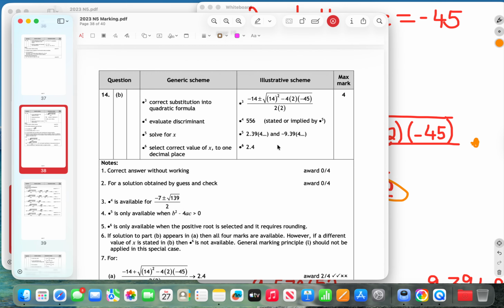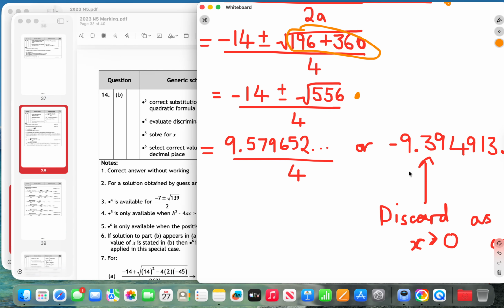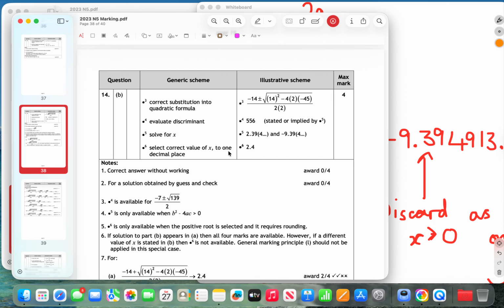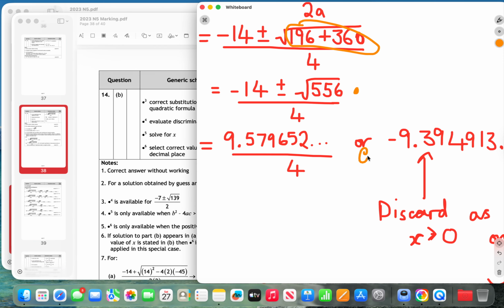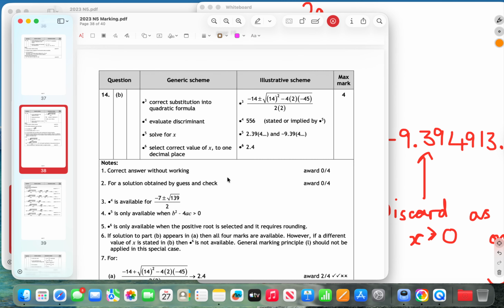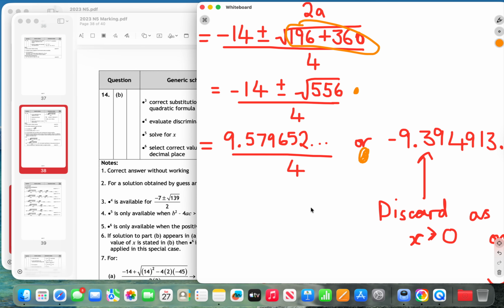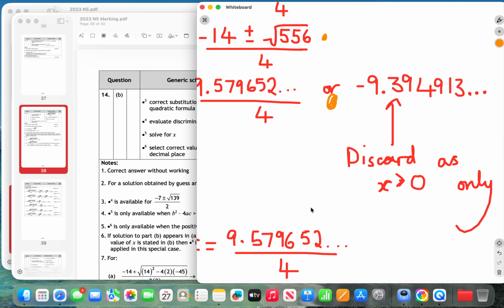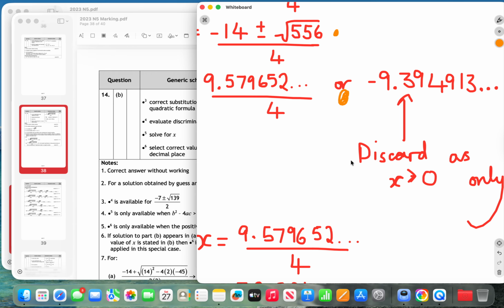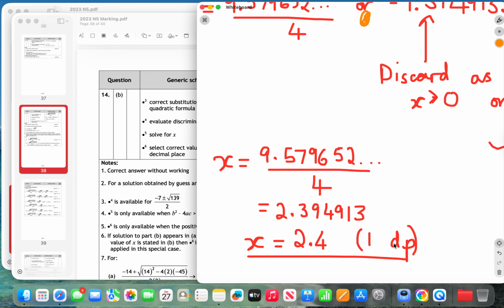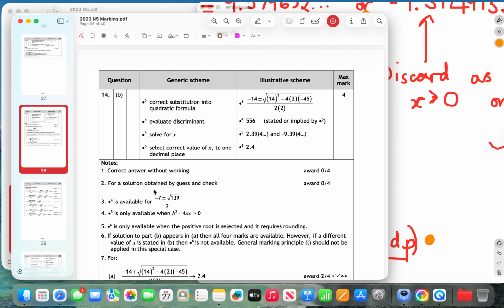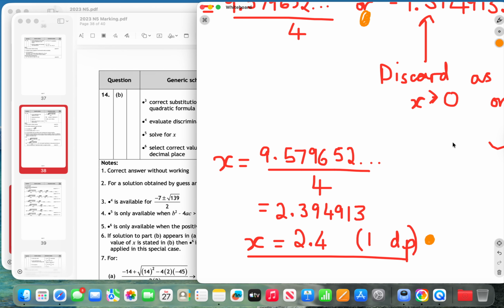The third mark would be for getting the two solutions. And the fourth mark would be for selecting the correct value of x. And we got rid of this one because it has to be positive. And this is the final solution. And you had to round it.